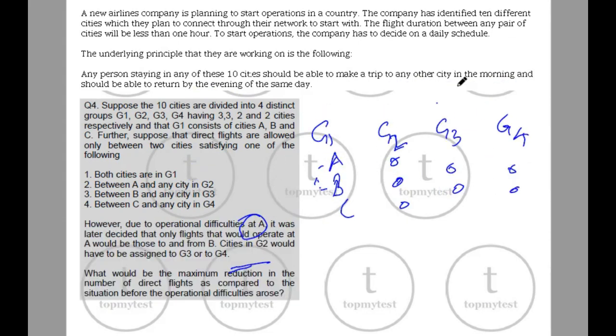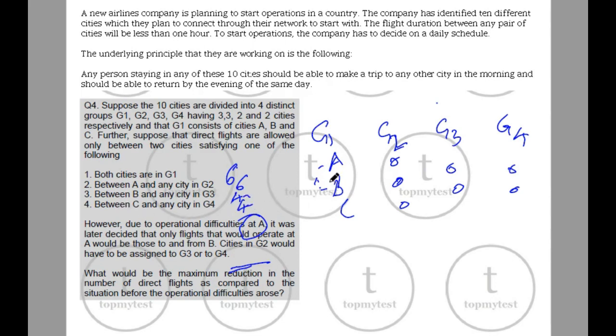Now let's see how much this will change. Between B and G3 this will remain unchanged, between C and G4 this will remain unchanged. Let's see what happens to the cities in G1.